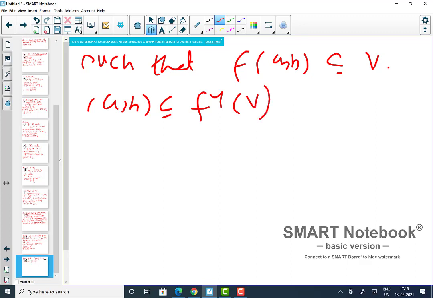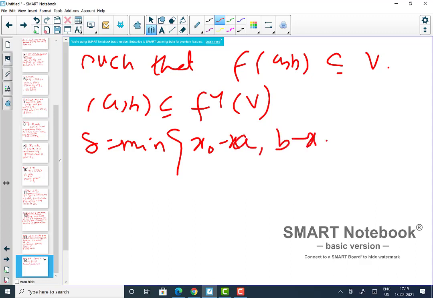Clear? Now because x naught is inside AB, x naught can be either closer to A or closer to B. So let me fix delta as the minimum of these two quantities, x naught minus A and B minus x naught. It is in between A and B, right? Whatever is minimum you choose, that is delta, and the moment you choose delta you find my new open interval U, equal to x naught minus delta to x naught plus delta.